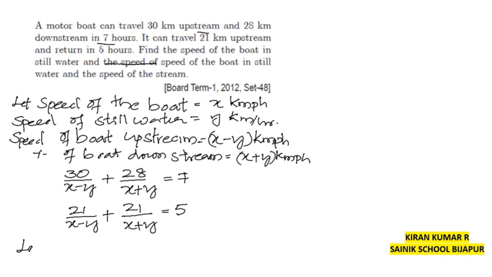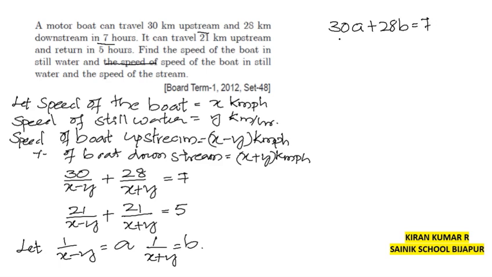So let me change this equation by taking 1 upon x minus y as some variable, say a, and 1 upon x plus y as some other variable b. Therefore, the equations will be 30a plus 28b equal to 7, and one more equation is 21a plus 21b equal to 5.